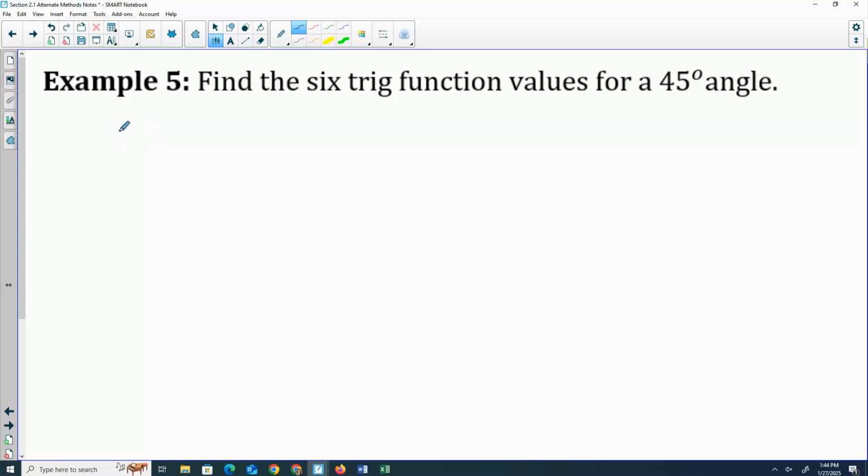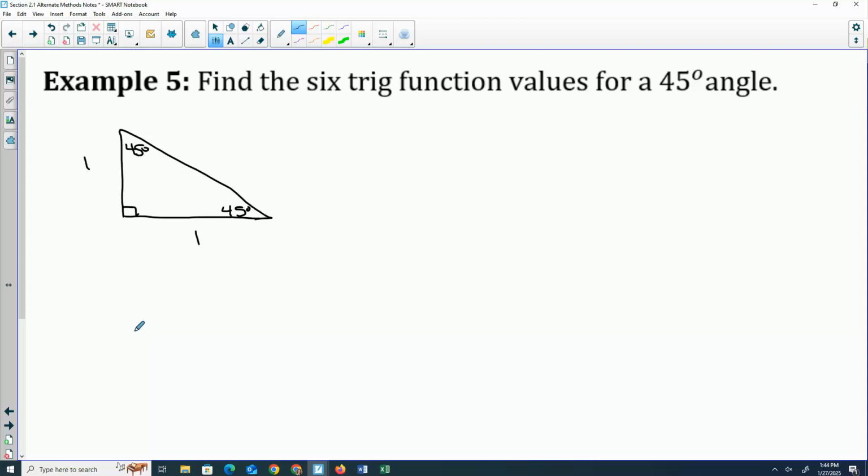So if I set up a triangle, okay, we have to have a right triangle. If this angle is 45 degrees, what's this angle? If those angles are the same, what has to be true about the legs? Those are the same. So I'm going to call both of those 1.